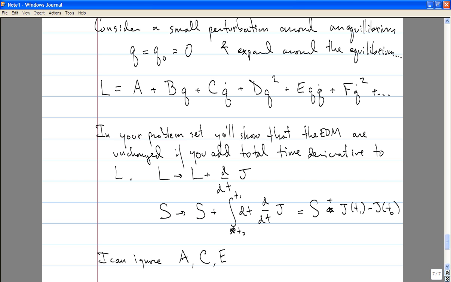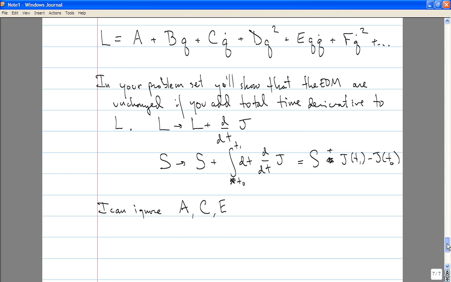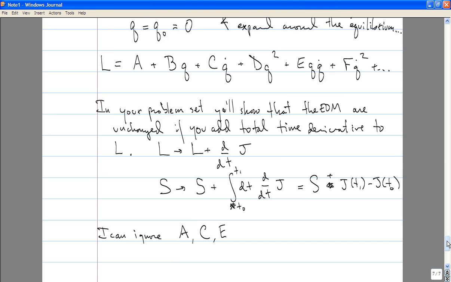And moreover, I am looking for an equilibrium point, which means that the derivative of the potential with respect to q is equal to 0. Looking at this Lagrangian, you see that the potential is b times q plus d times q squared plus higher order terms.